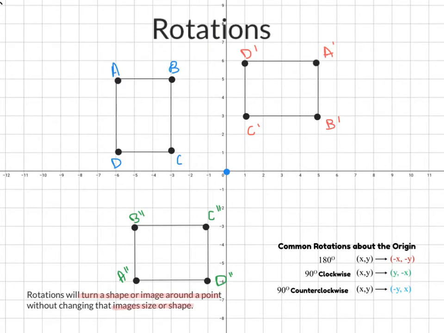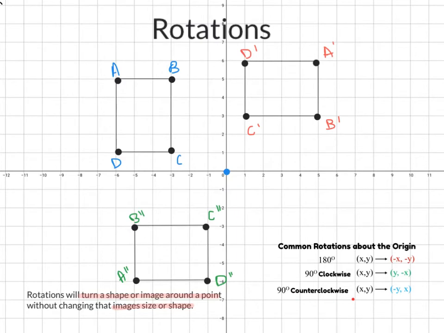So you see here we have our original image, rectangle ABCD, and we have A prime, B prime, C prime, D prime, and A double prime, B double prime, C double prime, D double prime. They are all the same rectangle, they are just rotated. They still have the same area, so they take up the same amount of space, and they are all still rectangles. They are simply rotated around the origin, around this point.